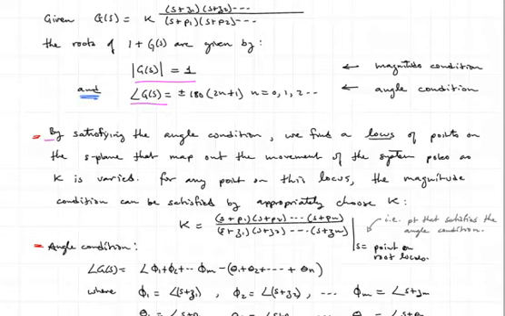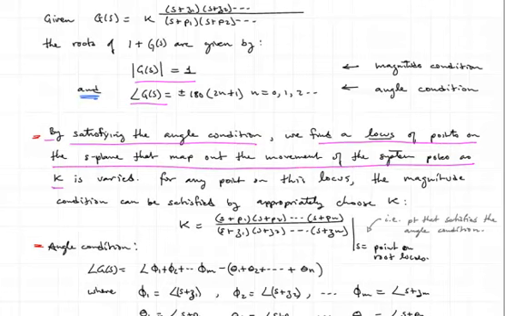So now, by satisfying the angle condition, we find the locus of points on the s-plane that map out the movement of the system poles as k is varied. For any point on this locus, the magnitude condition can be satisfied by appropriately choosing k.